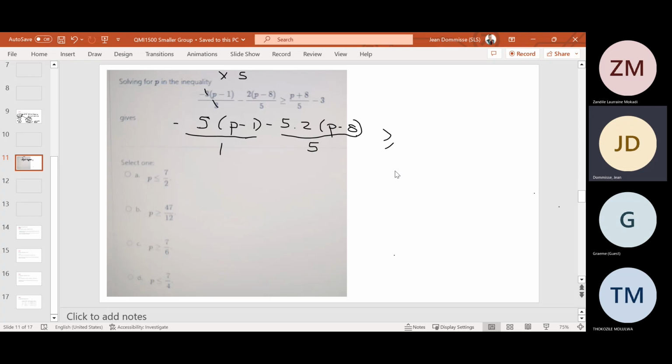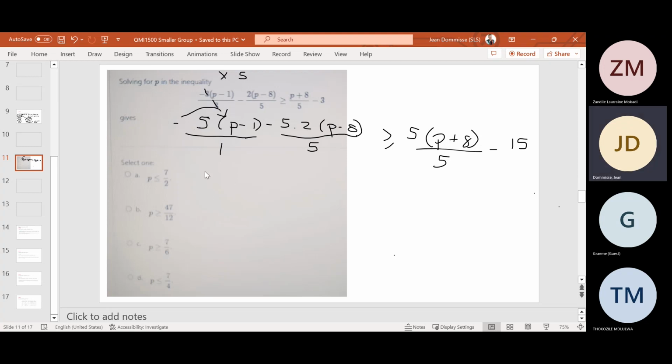We do that. Multiply by 5. So it's 5b plus 8 over 5. We'll do some cancellations now. And then we need to multiply the 3 by 5 as well. So that is 15.